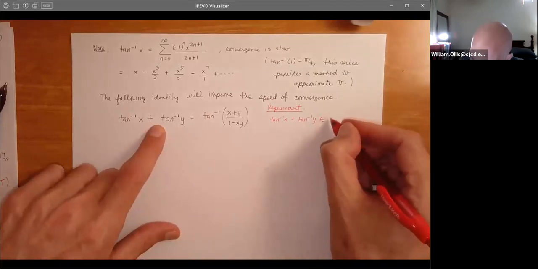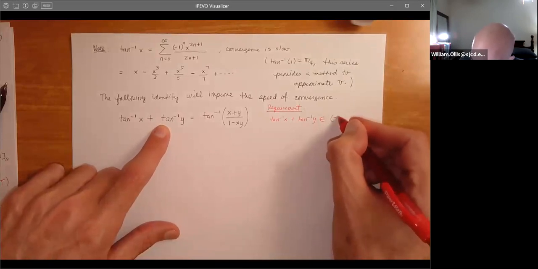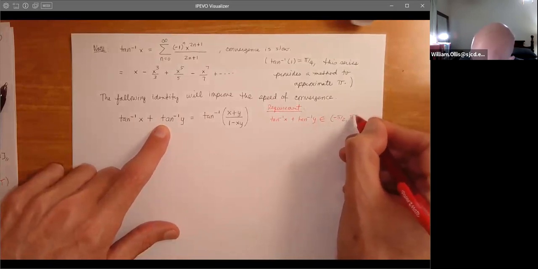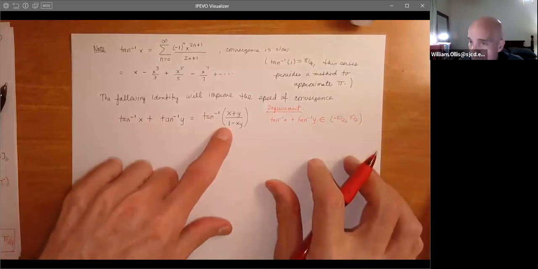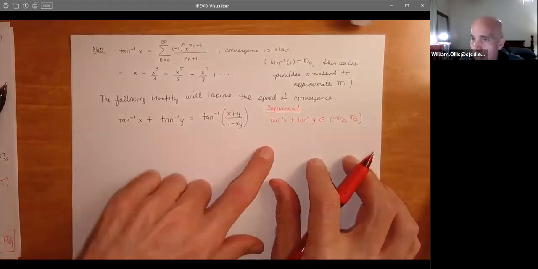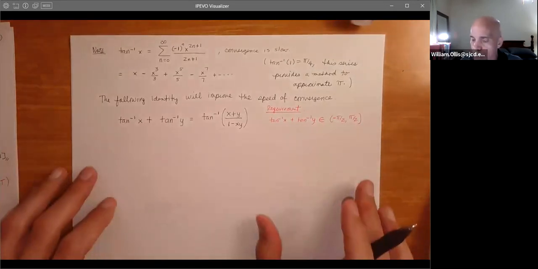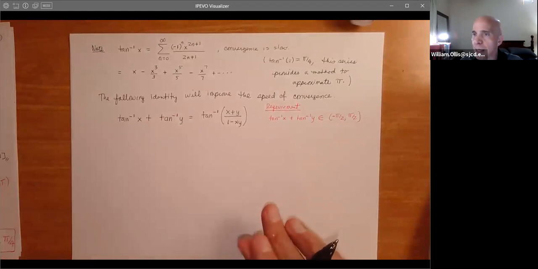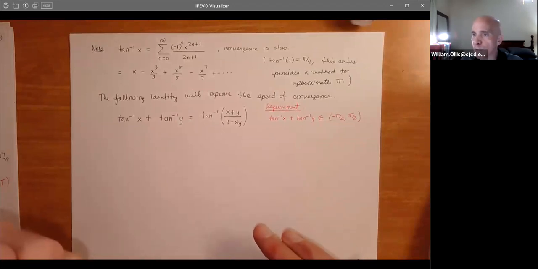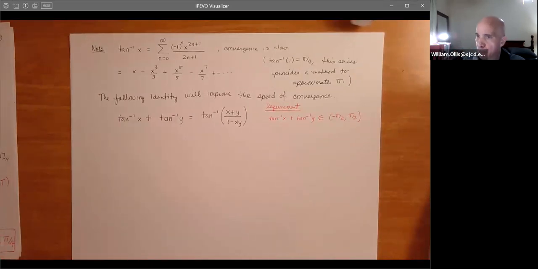This would mean that the sum here of these two inverse tangent functions must live between negative pi over 2 and pi over 2, because that's where this lives. Otherwise, this would be violated and wouldn't make any sense. It's hard to sometimes tell my pre-calculus students, if you don't respect the ranges and domains of the inverse trig functions, you're just writing down things that don't exist. So you all might wonder why I'm so particular about things. It's only because we want to make sure that what we're writing down actually does have some mathematical sense.